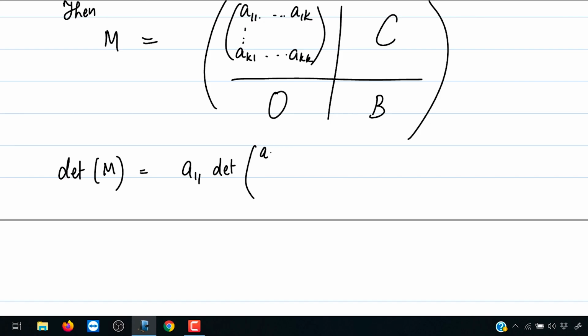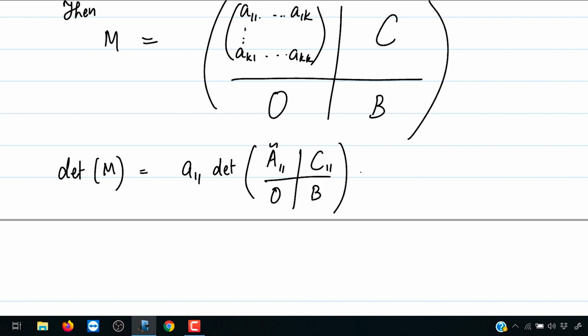So this will be A22 to A2k, Ak2 to Akk. There will be a C prime here. So, okay, let me do one thing. Rather than writing it like this, I will use the expression we have already used earlier. So this is going to be A11 tilde. There will be some C11 here, which will not be C. The first row will be deleted from this. There will be a 0 here and there is a B here.